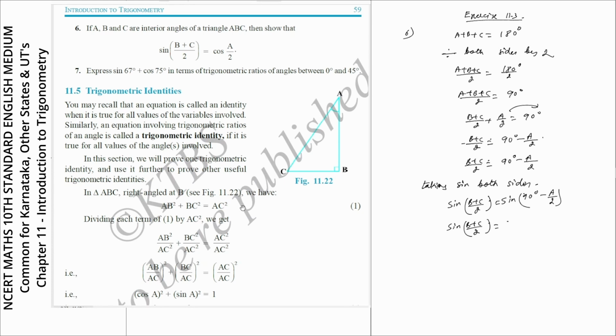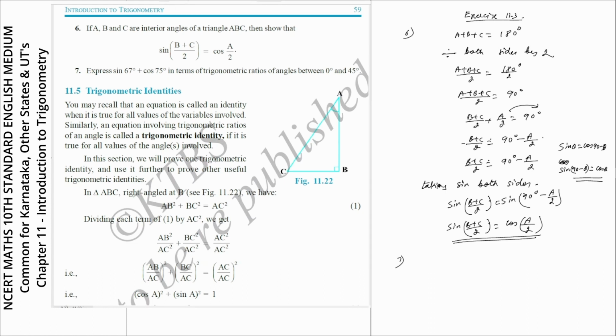I can write this as cos of A by 2, because sin of 90 minus theta is equal to cos theta, right? Therefore here sine will change to cos of A by 2 on the right hand side.